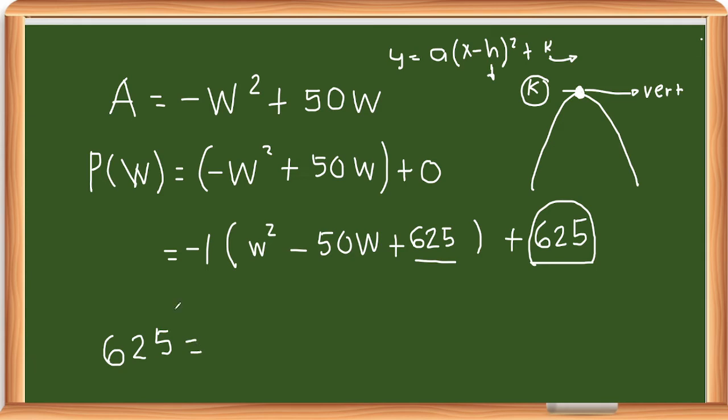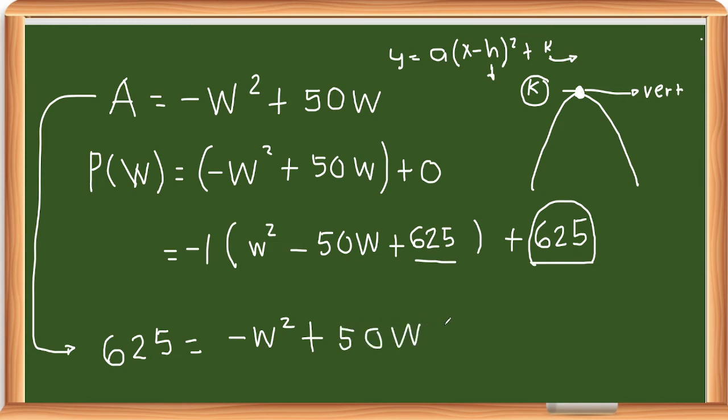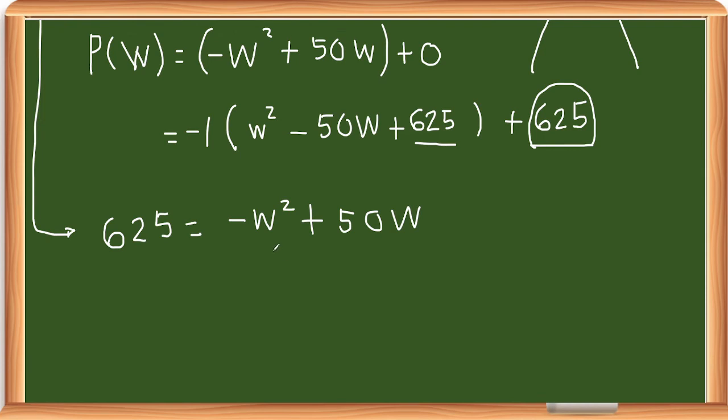Okay? What is the formula or what is the equation? Sinubstitute lang natin. Negative W squared plus 50W. Okay, gawin natin tong standard form of quadratic equation so that we can solve for W, for the dimension of the W. Pwede mo i-convert to as W squared.